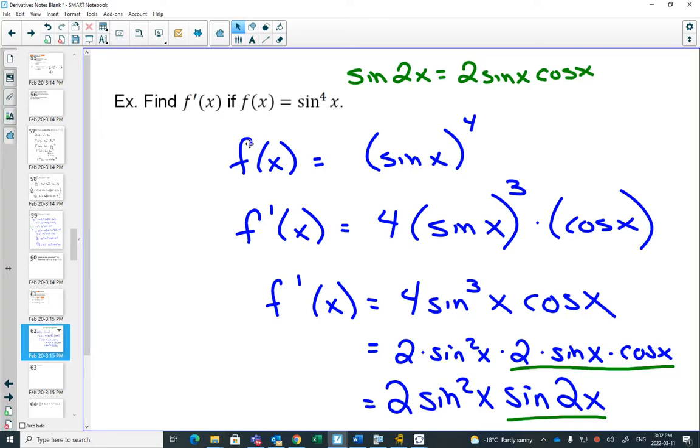Not good? Very good. Yes? No. This was just me playing around. The right answer would be this one, not simplified. Okay? Either in this form or this form, either is fine.